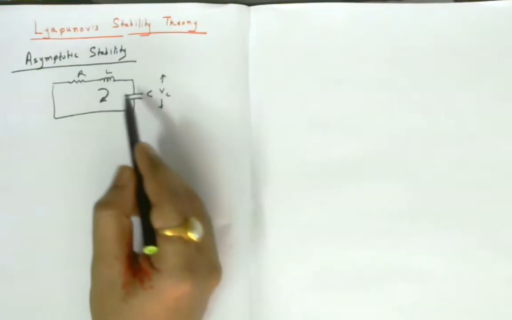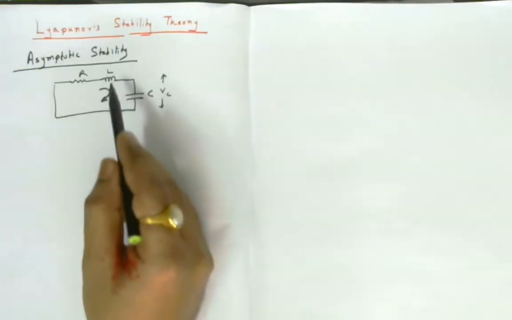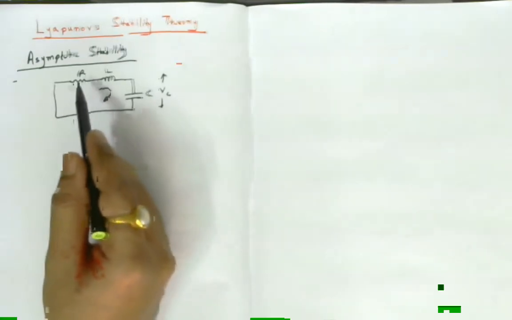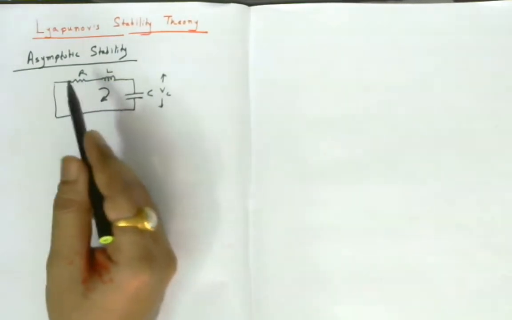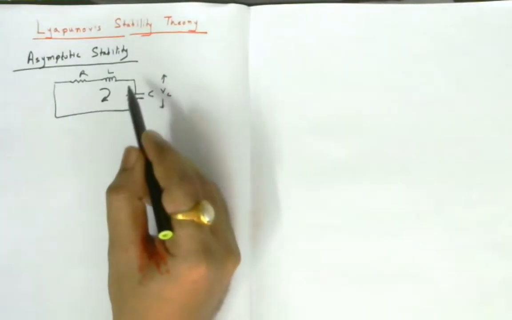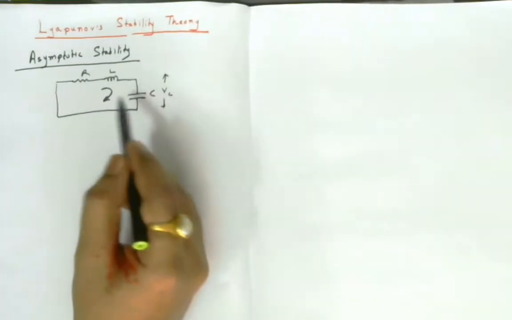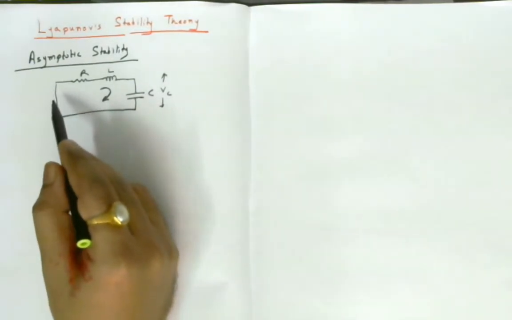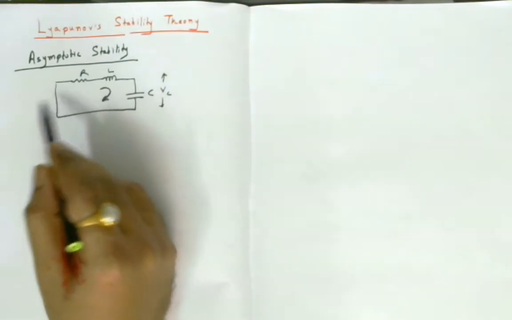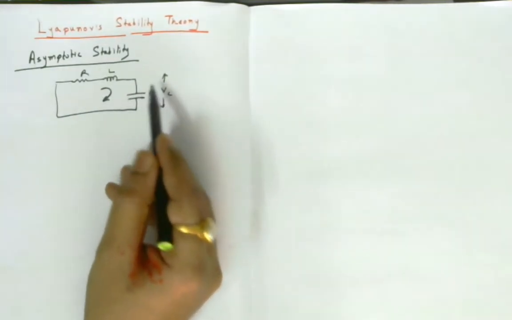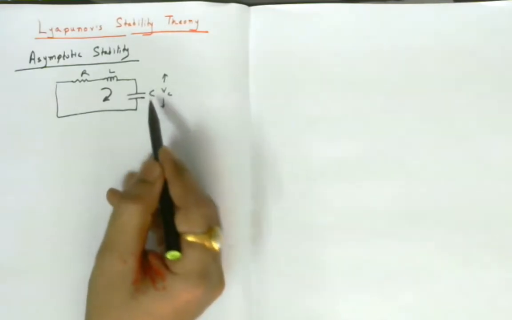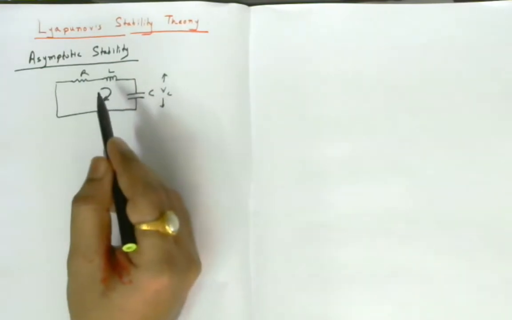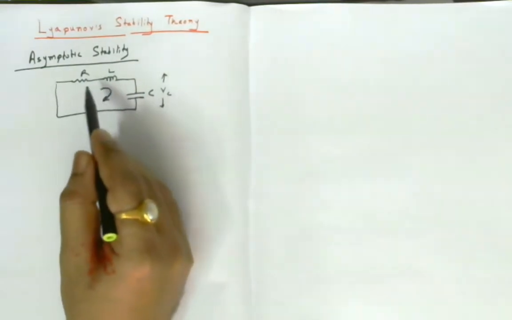Now, how long will this current flow across this circuit? There is a resistor present in this circuit, so the resistor will dissipate the energy. Whatever energy is stored in the capacitor must be dissipated across the resistor. There is no constant voltage or source applied from outside, so the voltage developed by the capacitor because of the stored energy will drive the current, and the current will flow as long as the resistor dissipates the energy.